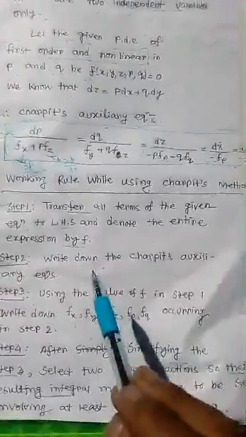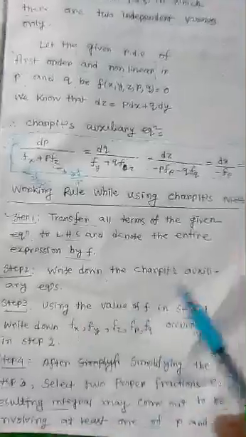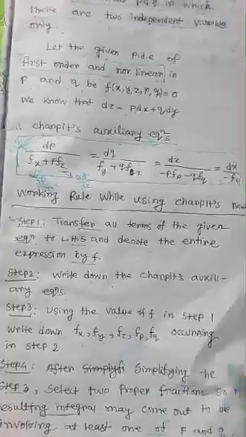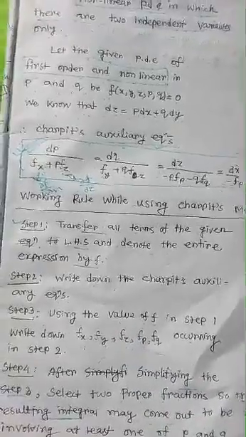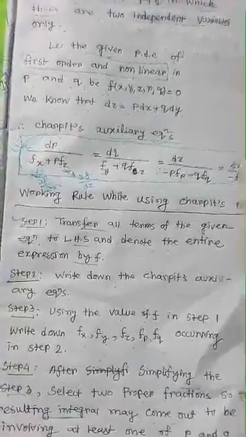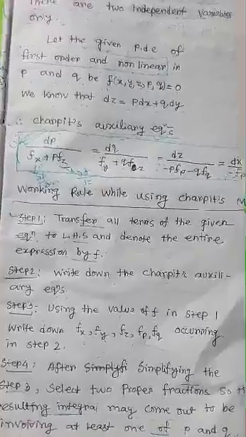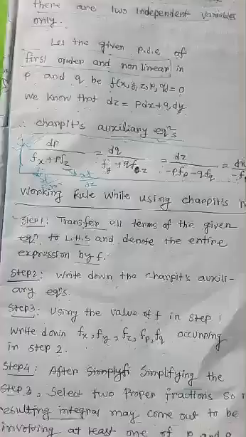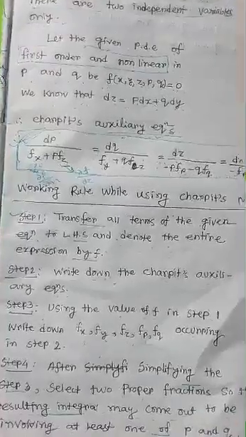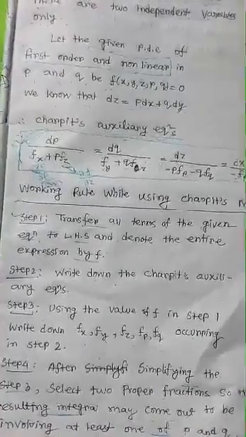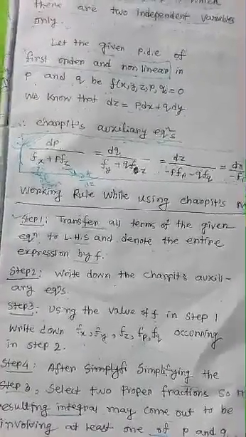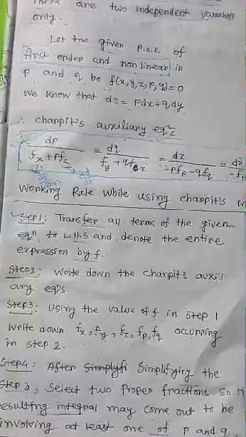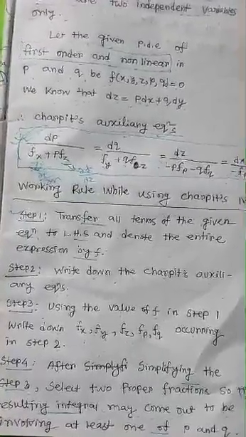Now we revise these 5 steps. First, transfer all the terms to the left hand side and denote the entire function by F. Write down Charpit's auxiliary equations, then put the values of fx, fy, fz, fp, fq in them.